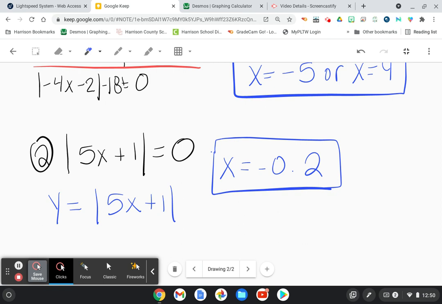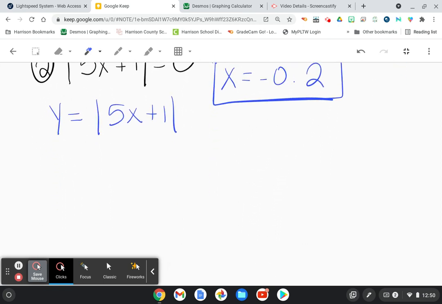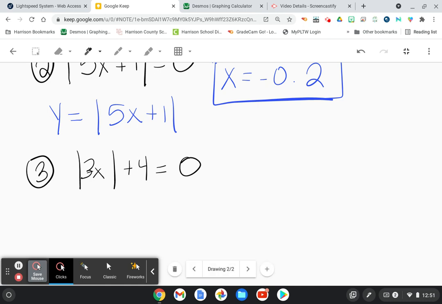All right. One more here. Number 3. We have the absolute value of 3x plus 4 equals 0.